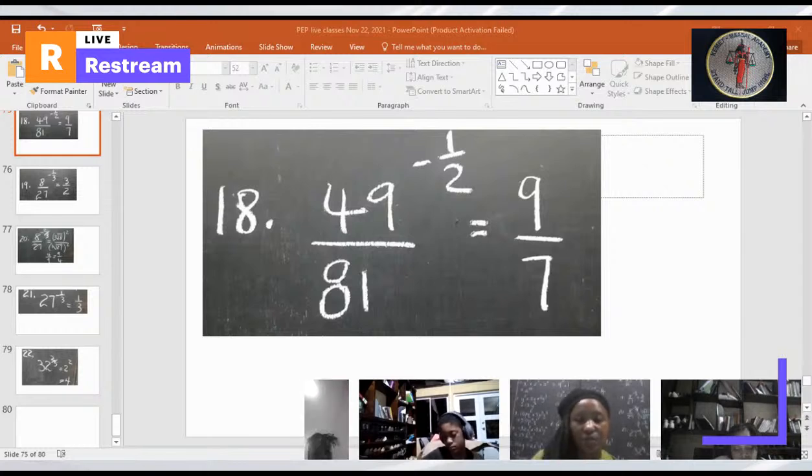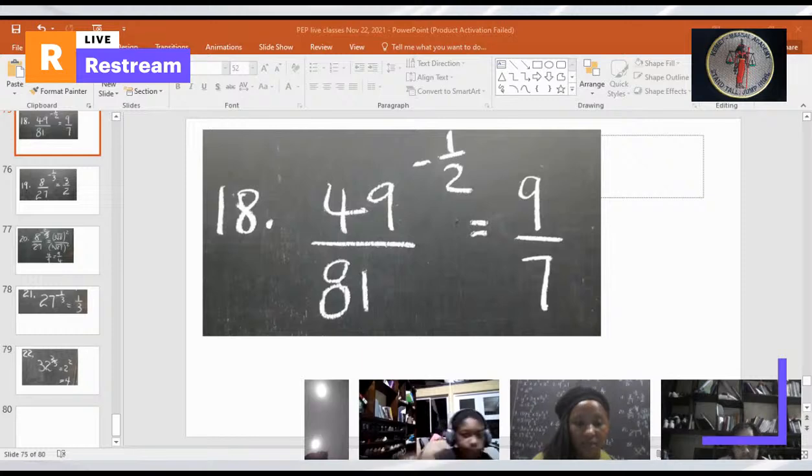So really, to raise something to the power of a half, you're finding the square root of it. So it's the square root of 49, which is 7, and the square root of 81, which is 9. It would have been 7 over 9, except that it's being raised to a negative power. The negative tells you to invert the fraction. So instead of 7 over 9, we end up with 9 over 7.